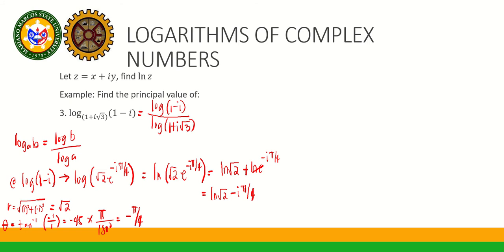And then, for the other one, dito na lang. The log of 1 plus square root of 3 i. So, computing for r, this will be equal to 1 squared plus square root of 3 squared. So, 1 plus 3, that will be 4. And then, our r will be equal to 2.